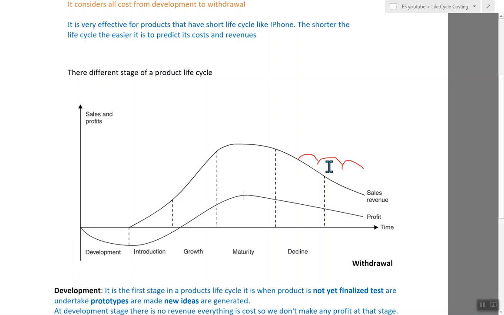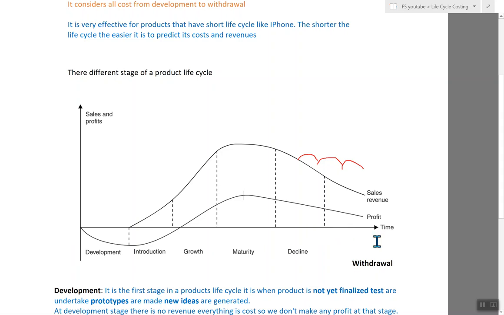It's not going to be something permanent. So what it means is that if we know that we are in the decline stage, we shouldn't do any long-term effort for the product, because no matter how much effort we make, it is not going to have long-term survival.